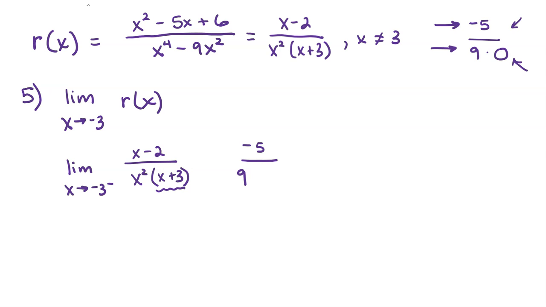Here, if I'm approaching -3 from the left, that means I'm plugging in a number that's a little bit smaller than -3, like -3.00001. And if I do -3.001 plus 3, I'm going to have a number that's very close to 0, but negative. So notice I'm not putting equals as I write this.